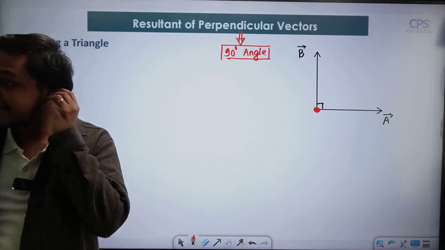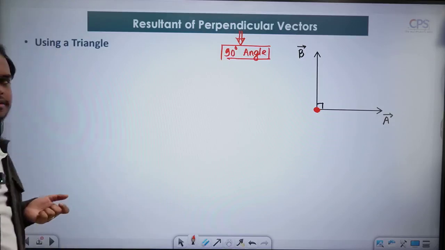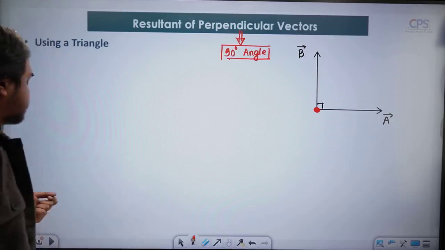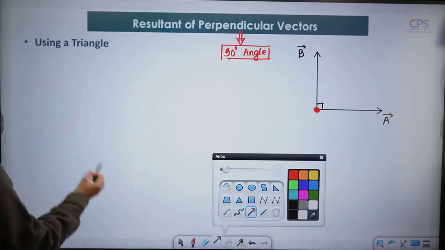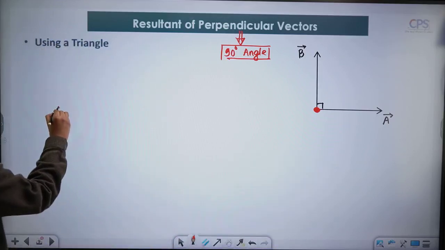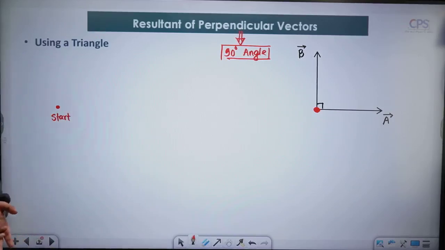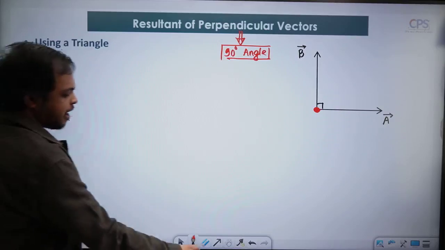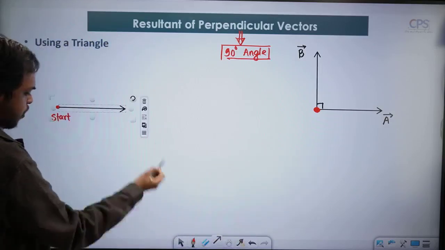So for this one, I will be taking you on a journey on a map. Okay? Let's say you are starting from this point. You have already learned about displacement from the first lecture, right? So we'll be doing that. That was very easy. So this process is also easy. From the start point, you have a displacement like this one.